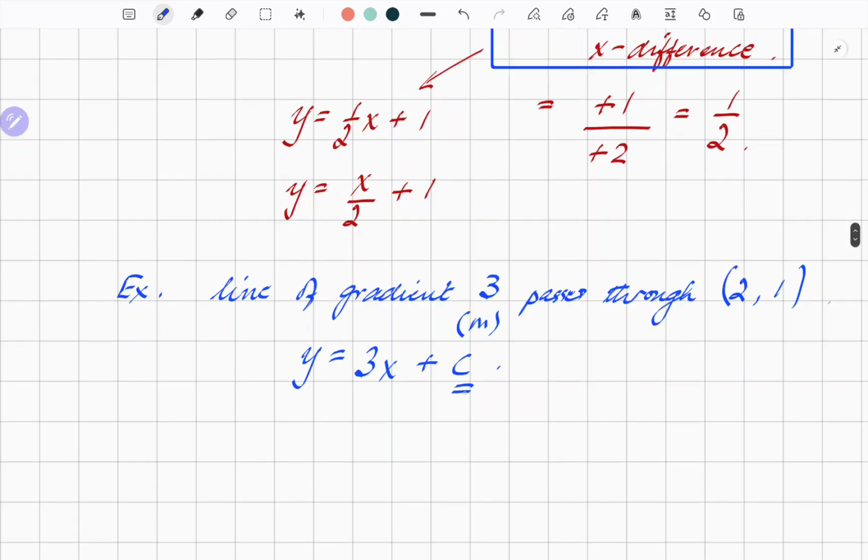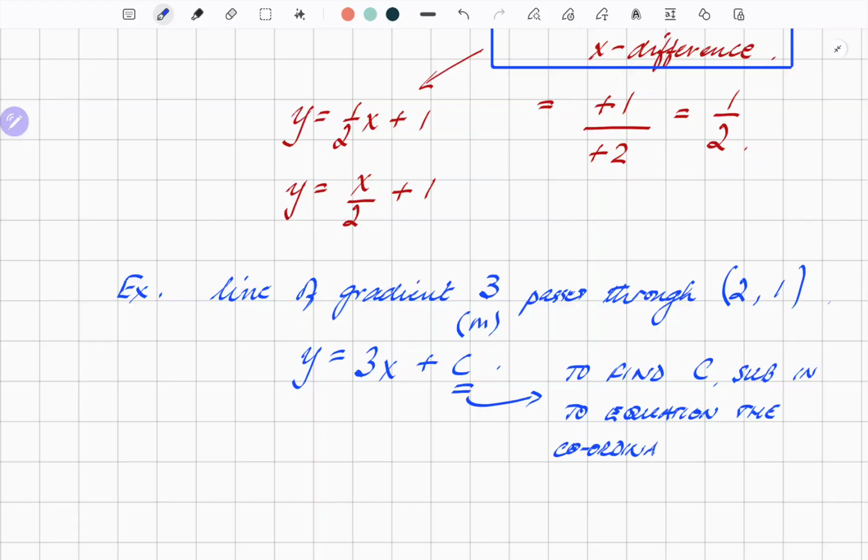The rule for c, how to find it once you know the gradient, is to substitute into the equation the coordinates of any point the line passes through.